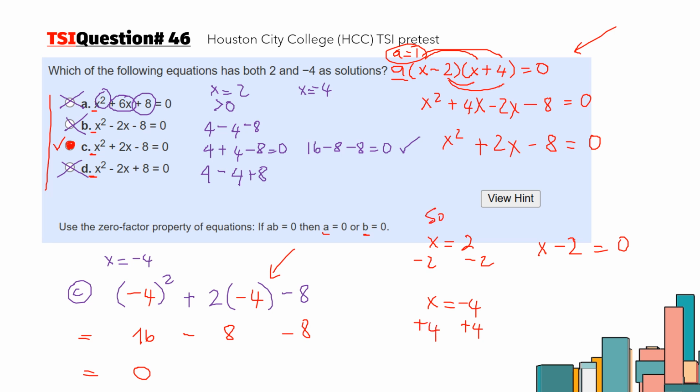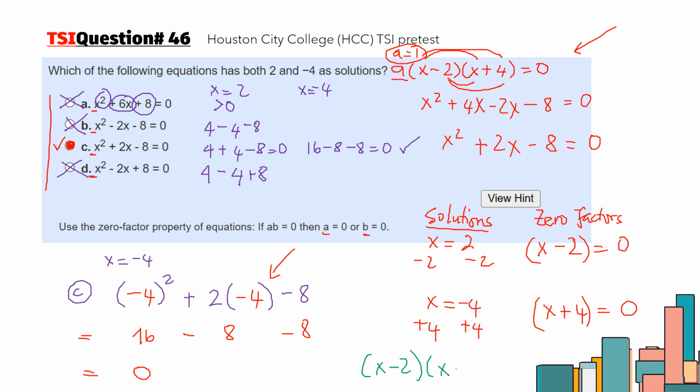So these are the given solutions, and these are the zero factors. You have x minus 2, and then x plus 4, that equals 0. So this is your A, this is your B in the formula. So you have x minus 2 times x plus 4 equals 0.